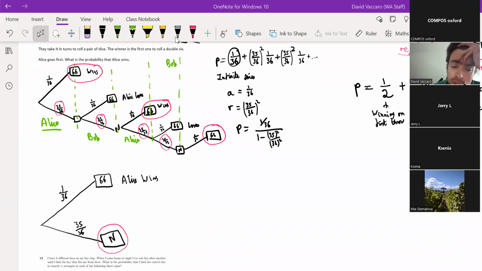Okay, why is this one slightly more complicated? So the game has begun again, but what is different after Alice fails to roll a double 6? Excellent.